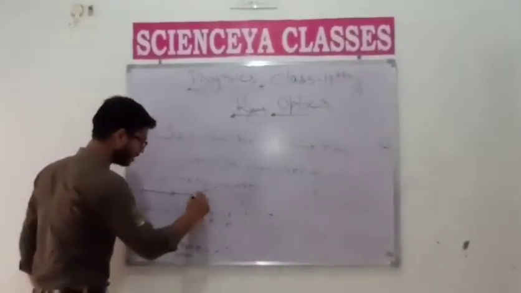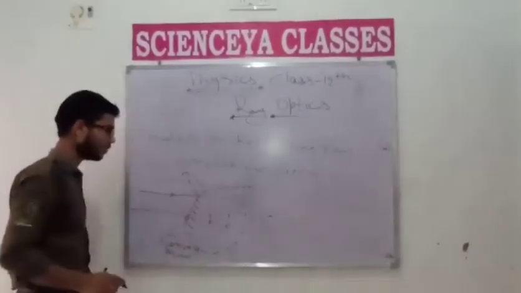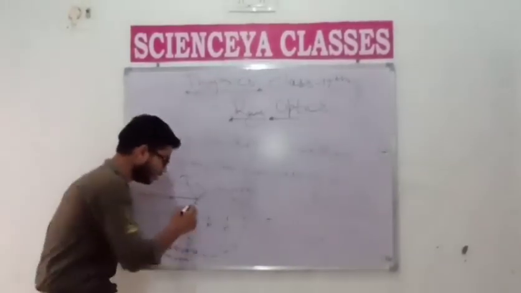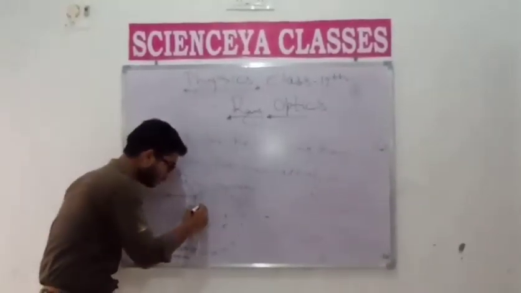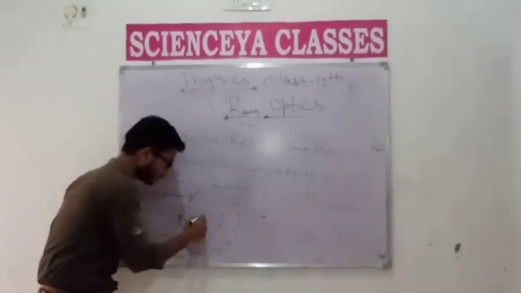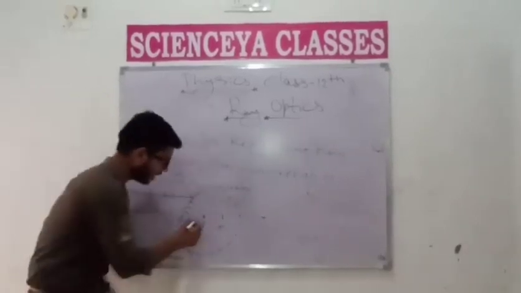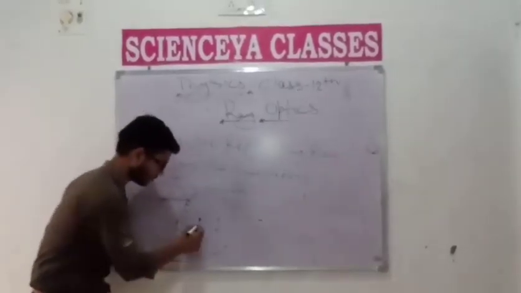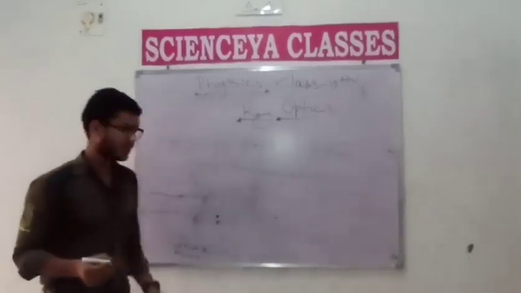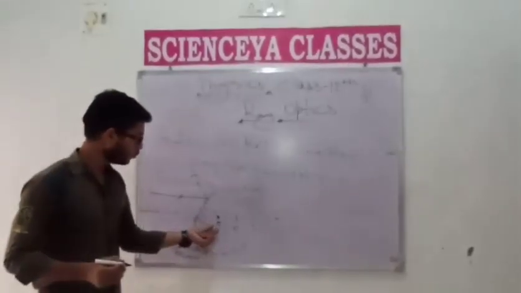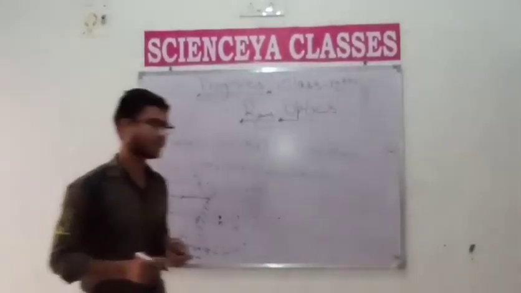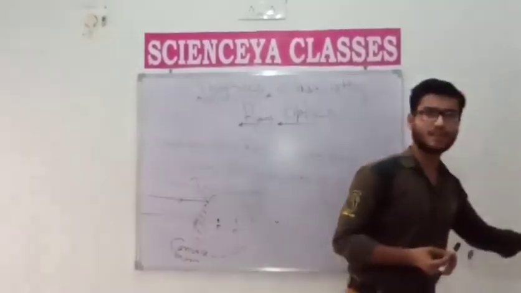After reflection, it reflects this way, but we want the image, so we virtually extend it backward and it must pass through the focus. All the rules that are applicable for a concave mirror are also applicable for a convex mirror.